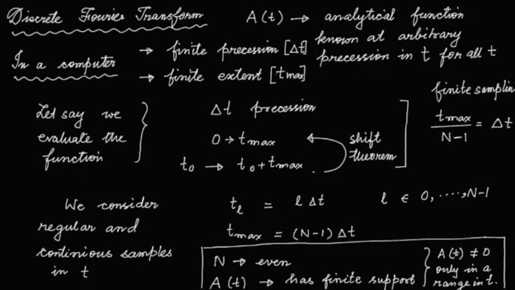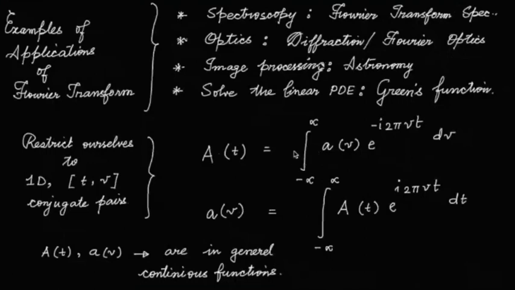I want that because when I do this integration to calculate nu, this integration goes from minus infinity to plus infinity. So if my a as a function of t has a value everywhere between minus infinity to plus infinity, I cannot just do this integration knowing its value at a finite region in t. So I'm assuming that I know it only in a finite region, and then doing it.